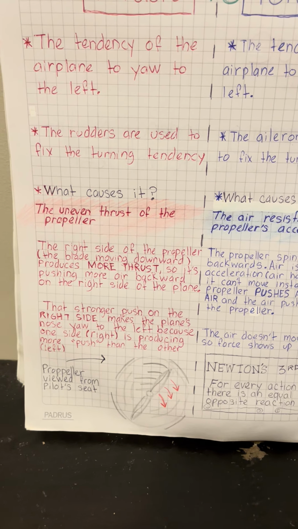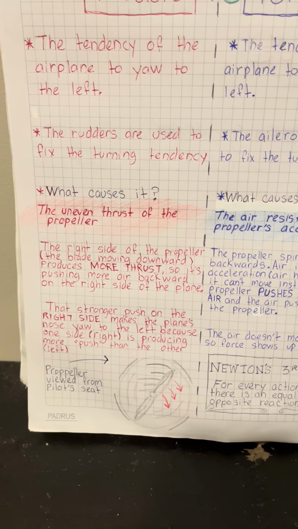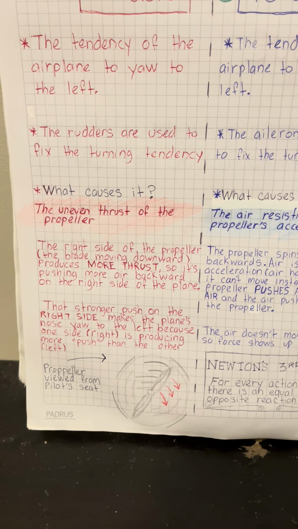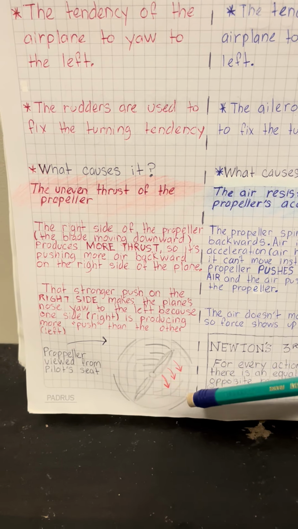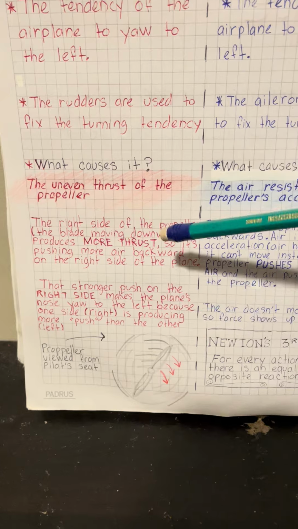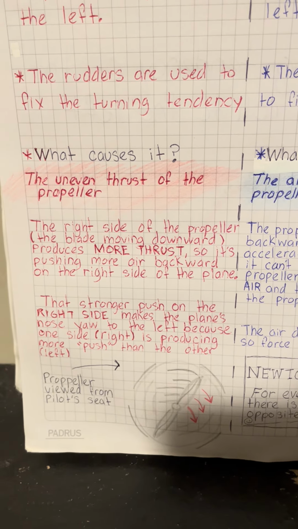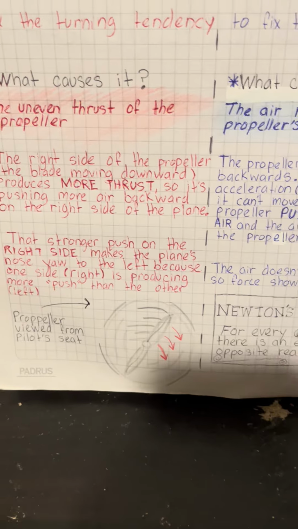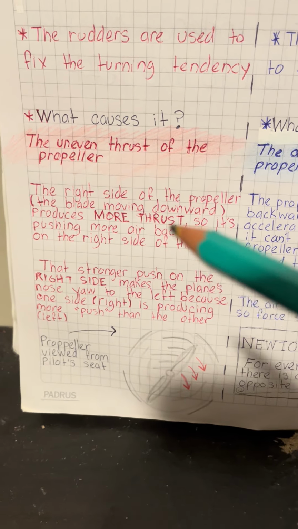Now, what causes it? In simple words, the uneven thrust of the propeller. And I have an illustration down here, and in order for us to understand this answer, let's read these two paragraphs. The right side of the propeller, meaning the blade moving downward, I'm talking about this one, produces more thrust.